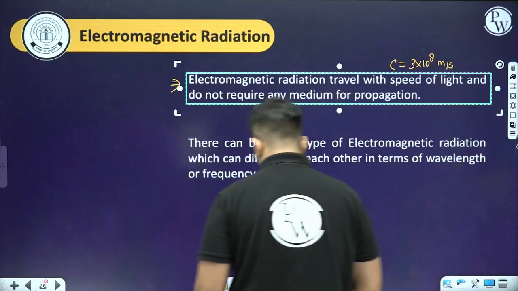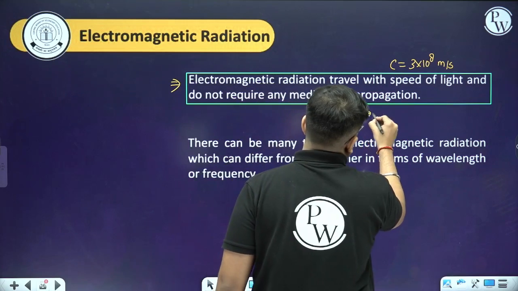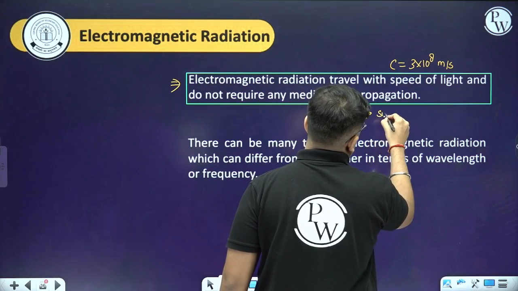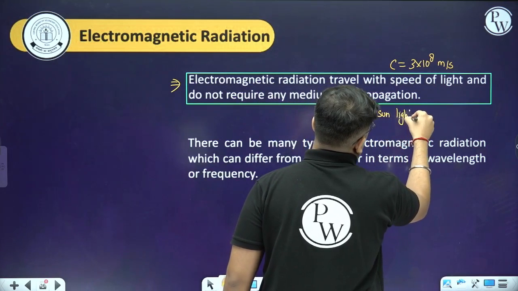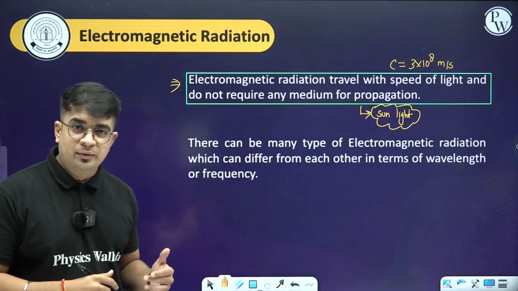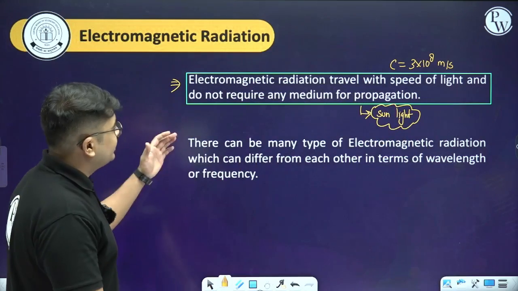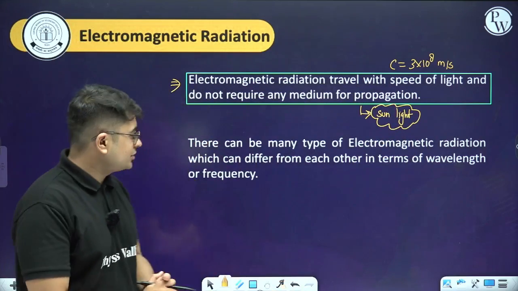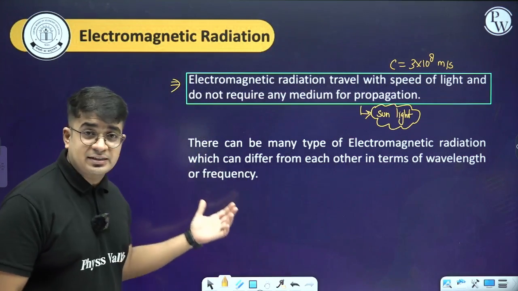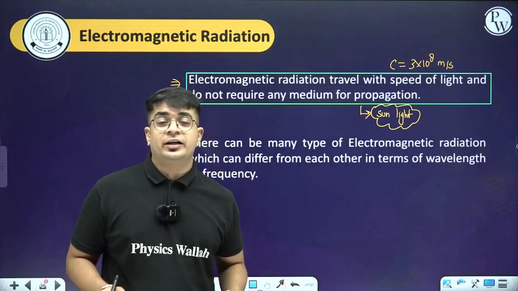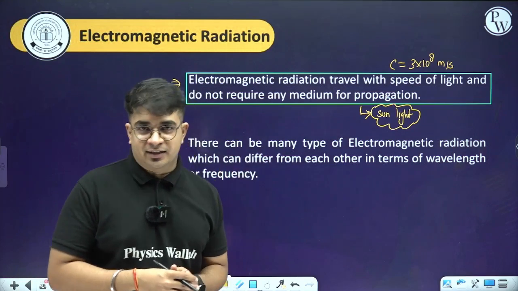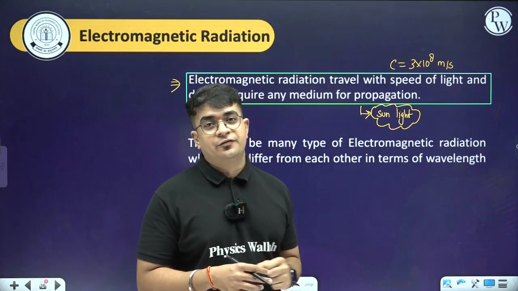Okay, and when I'm referring to this particular part, definitely I'm considering light, or I can say sunlight. Because we have the first source, definitely we are going to discuss more elaborately about this sunlight. There can be many types of electromagnetic radiations, which can differ from each other in terms of their wavelength as well as frequency, and that's why it is very much required to understand the nature of these characteristics, so that we can differentiate different types of components.